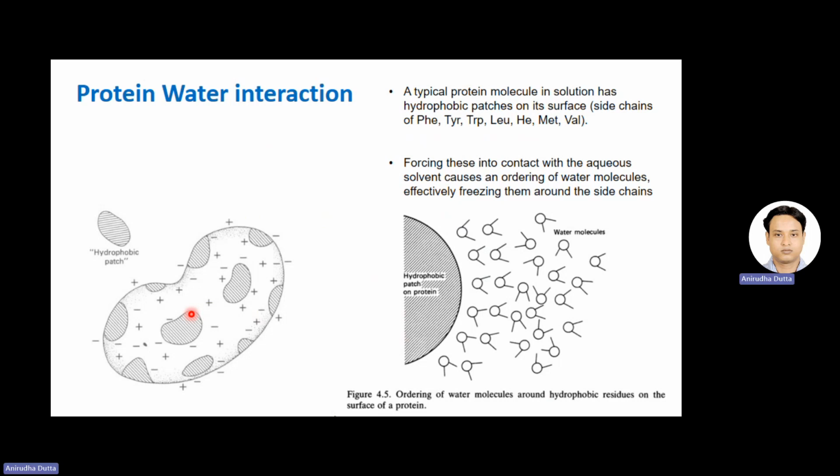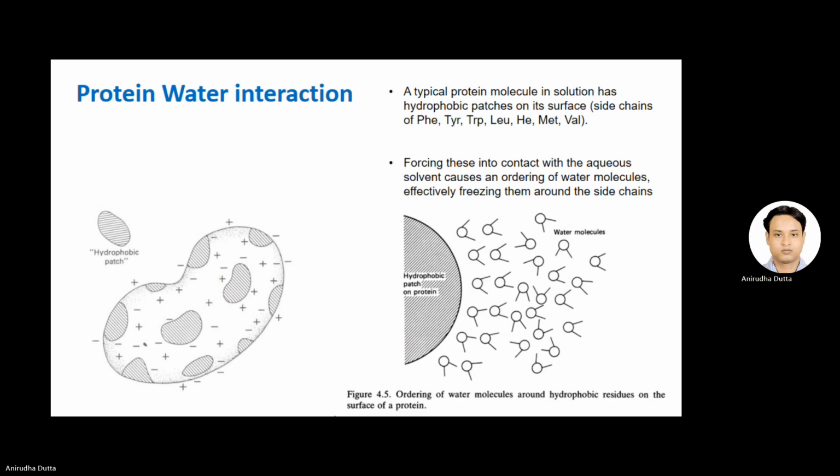So it acts like a patch of hydrophobic residues. Okay, so the protein surface looks like that. If it is a globular protein, meaning a water-soluble protein, then there will be more charged residues compared to the hydrophobic patches. If it is a membrane protein, then there will be more of these hydrophobic patches than charged residues.